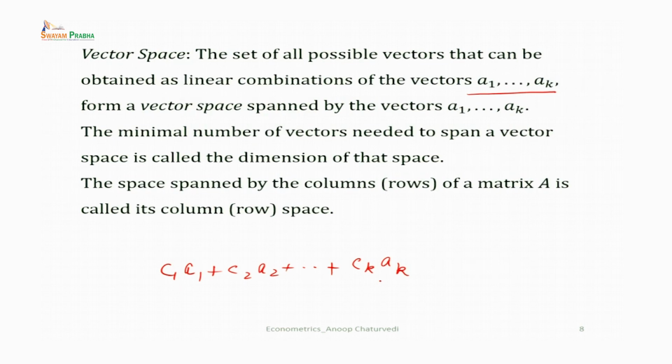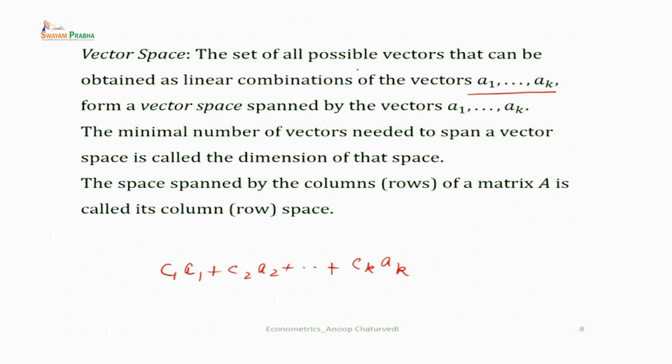Corresponding to each linear combination you get a particular vector, and if you take all possible linear combinations, then you get a set of vectors, and that set is called the vector space spanned by the vectors A1, A2, Ak.